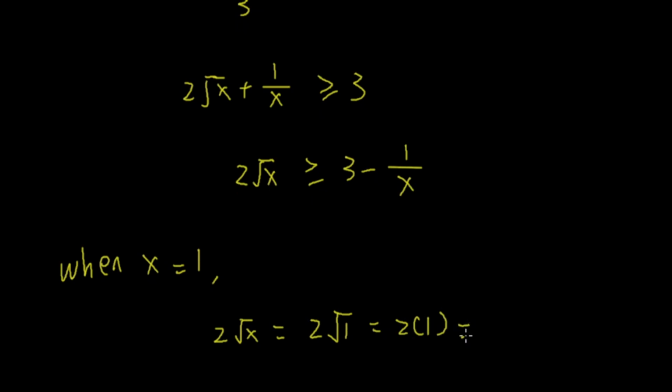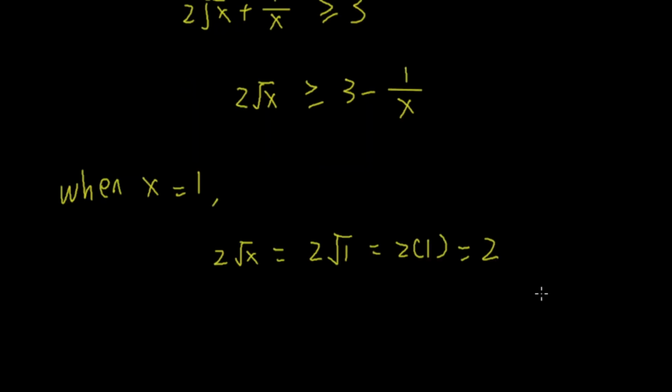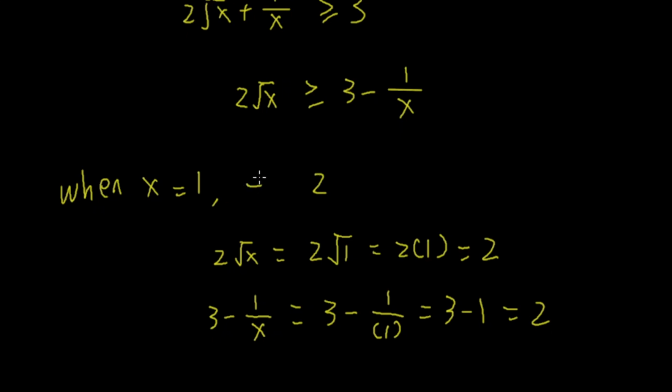Now, on this side, 3 minus 1 over x is equal to 3 minus 1 over 1, that's 3 minus 1, equal to 2. So they both are equal to 2. That means when x is equal to 1, 2 square root of x is equal to 3 minus 1 over x. So that's where the equal sign comes from.